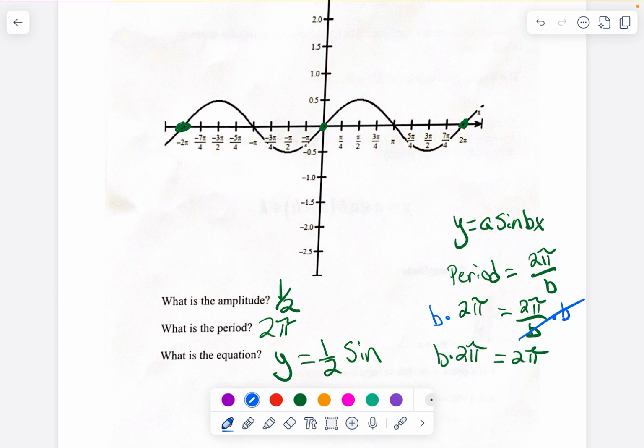Divide each side by 2 pi. The 2 pi's would cancel on the left, and we'd get b equals 1. So really, what are we going to have? We're going to have y equals 1/2 sine 1x, but we don't need the 1 in front of x, because 1 times anything is just x. So that would be our function here.